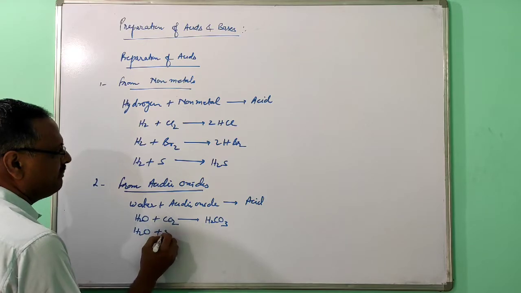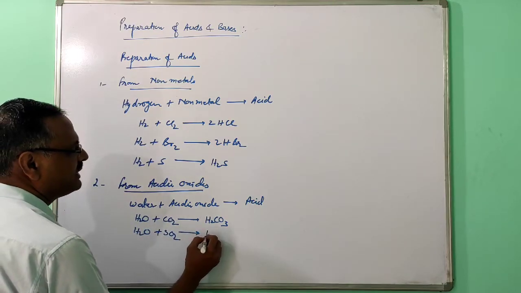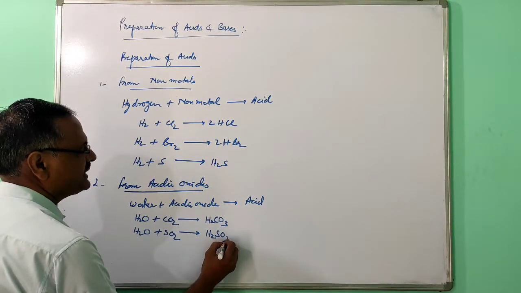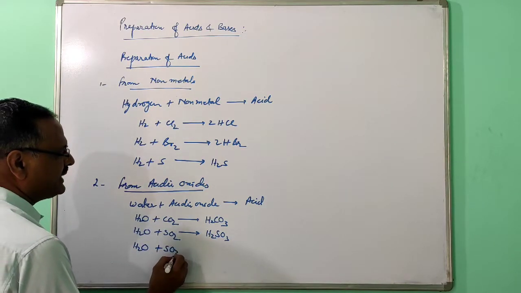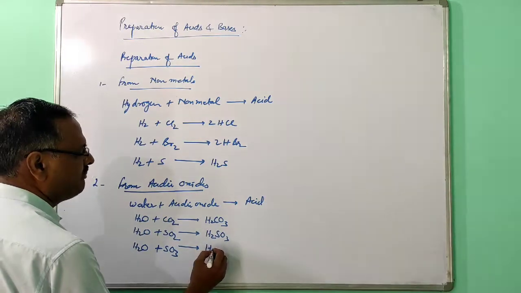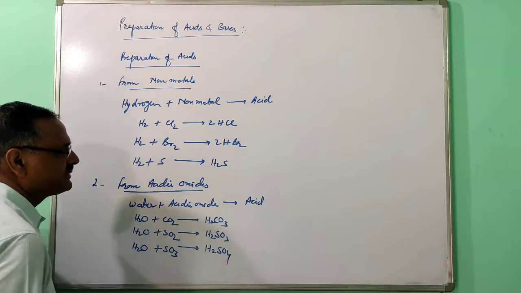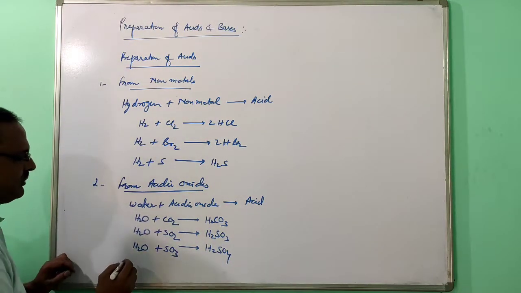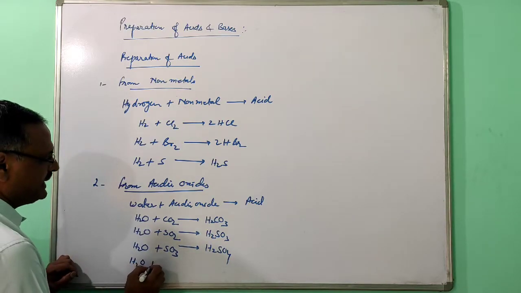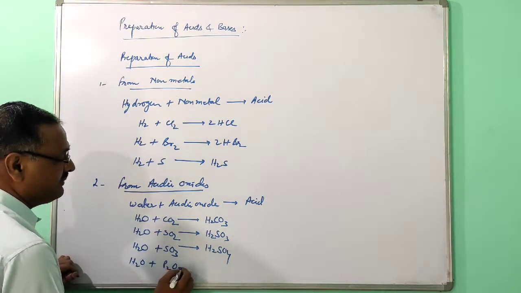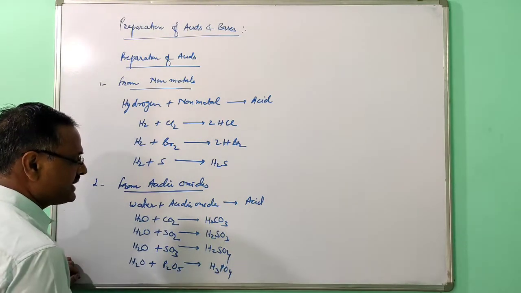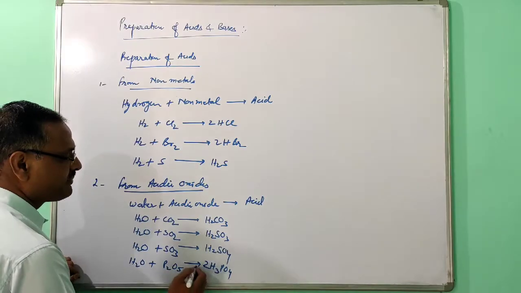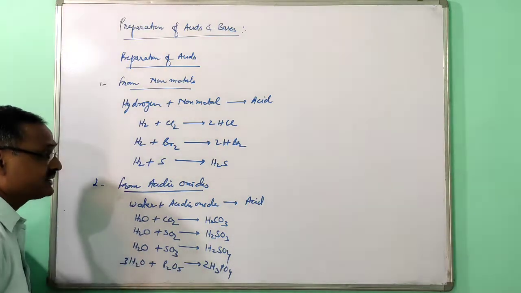Water combined with sulfur dioxide forms sulfurous acid. Water combined with sulfur trioxide forms sulfuric acid. And one more, phosphorus pentaoxide P2O5, when it combines with water it forms H3PO4.